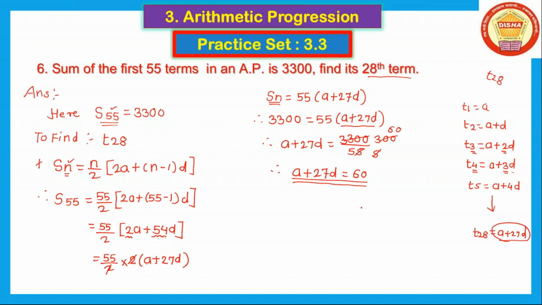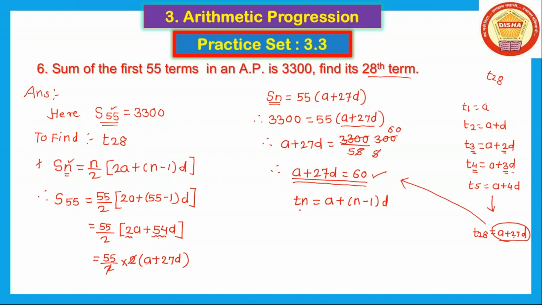Means we see the relation of this A plus 27D which we find 60 here. Means we directly use the formula of Tn which is equal to A plus n minus 1 into D. From this relation, see, we find the relation of 28th term with respect to 27D, and here answer is our A plus 27D is equal to 60.